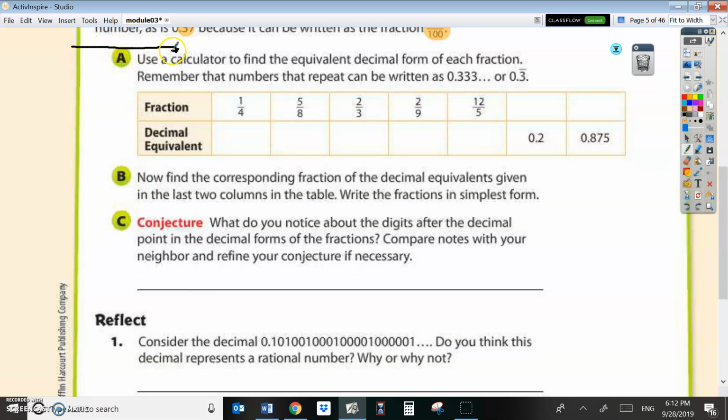Use a calculator to find the equivalent decimal forms of each fraction. Remember that numbers that repeat can be written as 0.333 or 0.3 repeating.